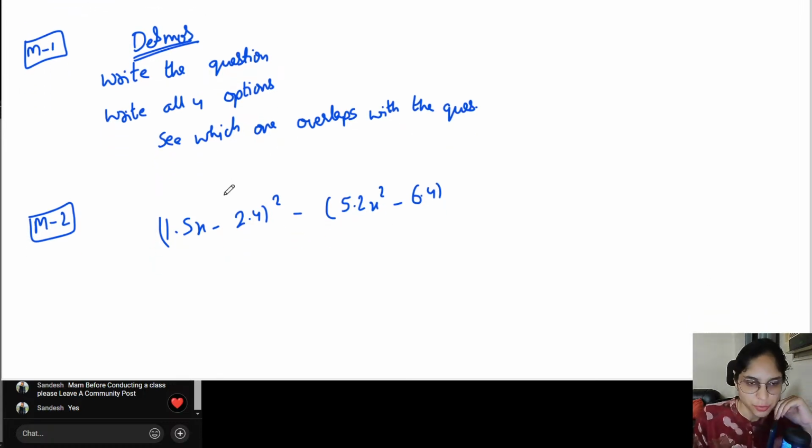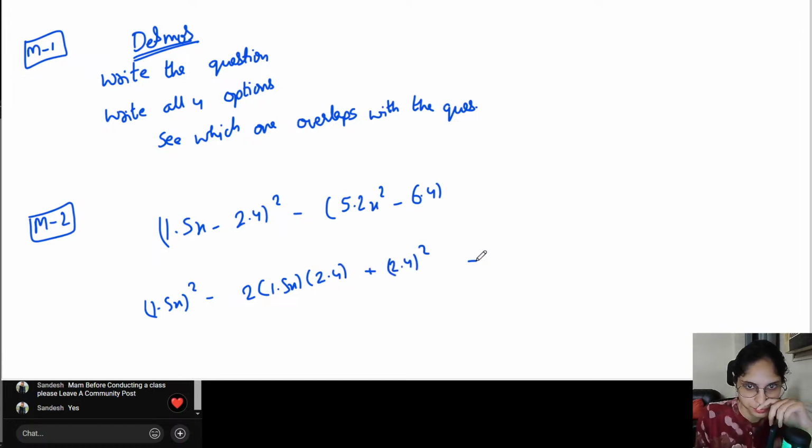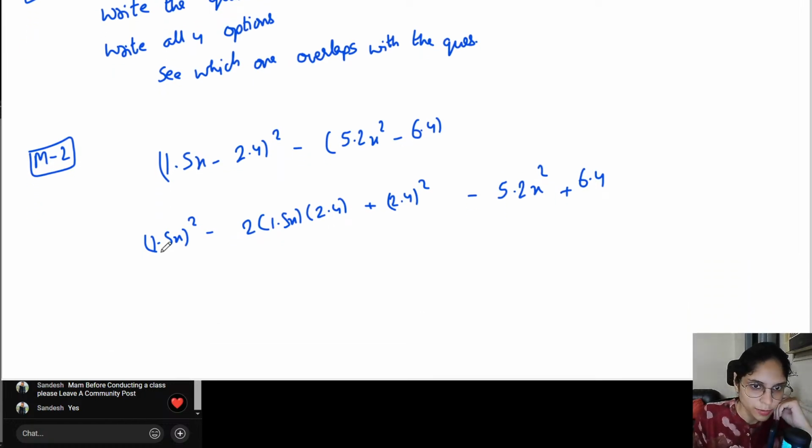So now anyways, we'll try to solve this. So 1.5x whole squared minus 2 times 1.5x times 2.4 plus 2.4 squared minus 5.2x squared plus 6.4, because I'm also distributing the negative. 1.5 squared is 2.25x squared. 3, 7.2x.